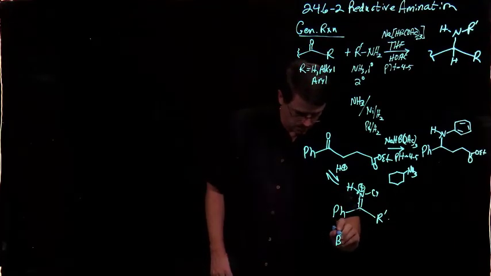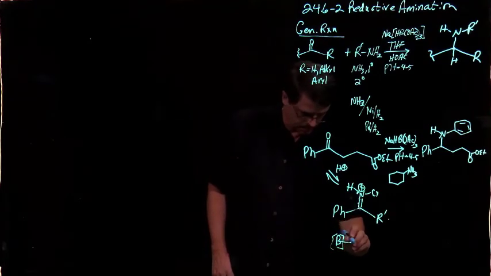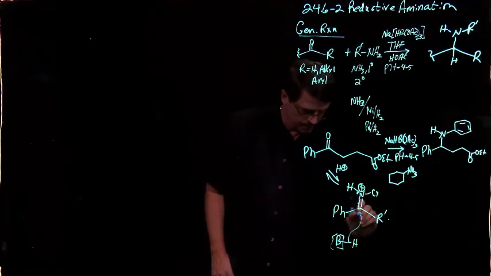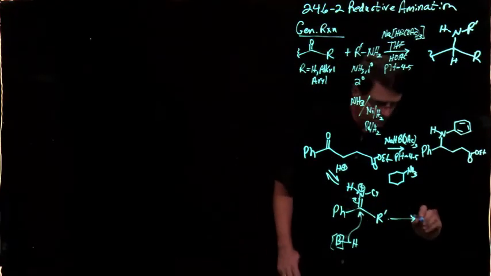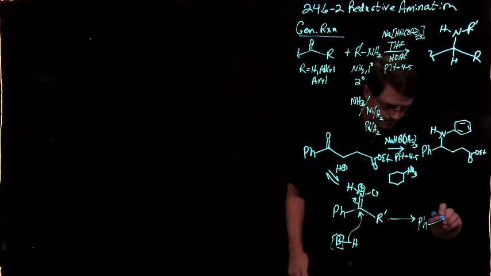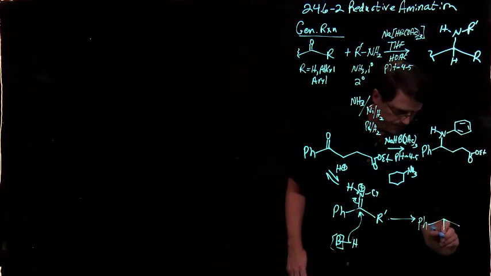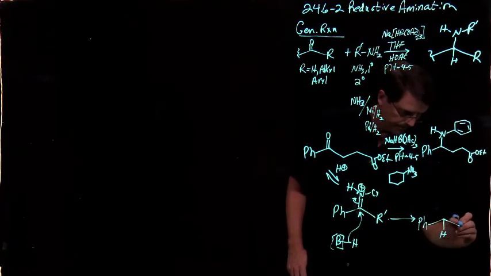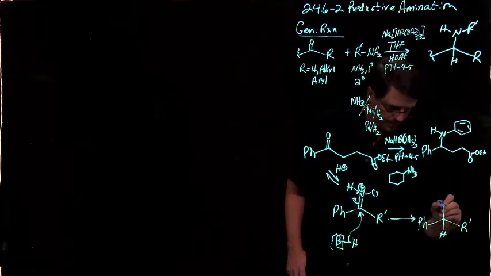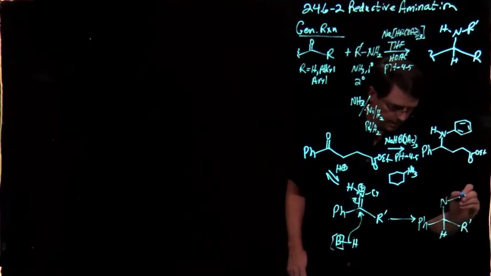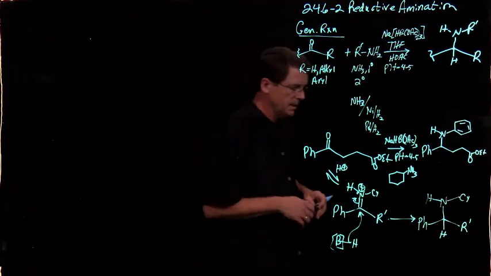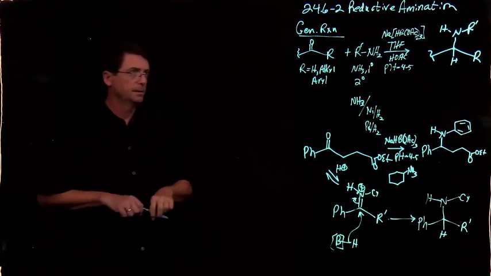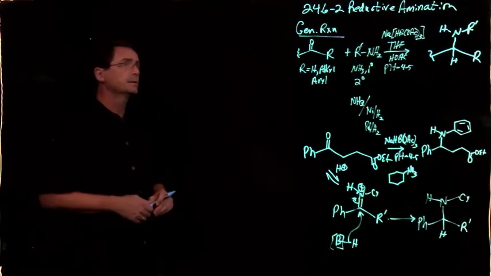And so the boron species, I'm just going to illustrate it with the brackets there, delivers hydride to this, and that's an irreversible reaction. CY for cyclohexyl again, and we reduce that species. So that's reductive amination.